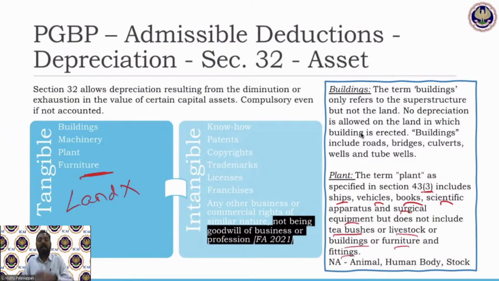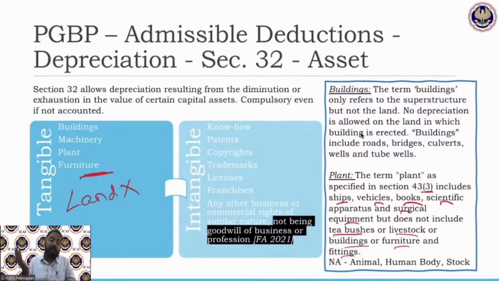Since there is a specific clause for them, they are excluded from plant and machinery. So even if you are in the business of real estate, buildings can never be considered as a plant. It should only be considered as a building.